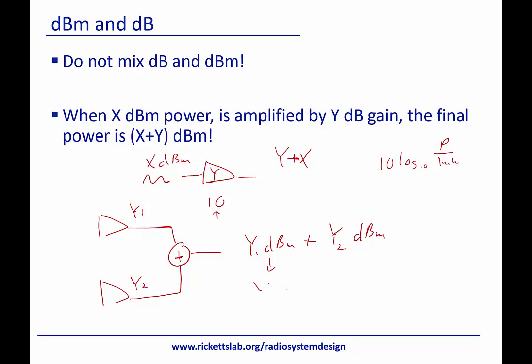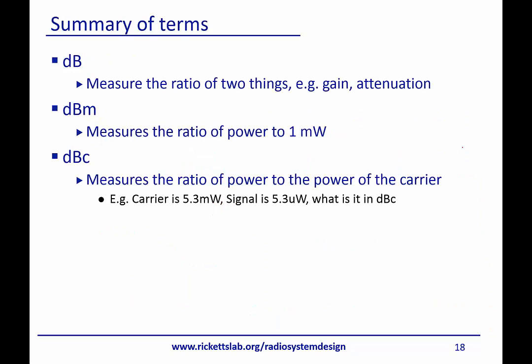So what I would do is I would take Y1 and divide it by 10, and take all of that to the 10th power and multiply it by 1 milliwatt, and that gives me Y1 in linear, and I would add that to 10 to the power Y2 over 10 times 1 milliwatt, and that would give me the linear power out here. So this would be P out in linear. And if I wanted to put that back in dBm, I would just go back to this equation.